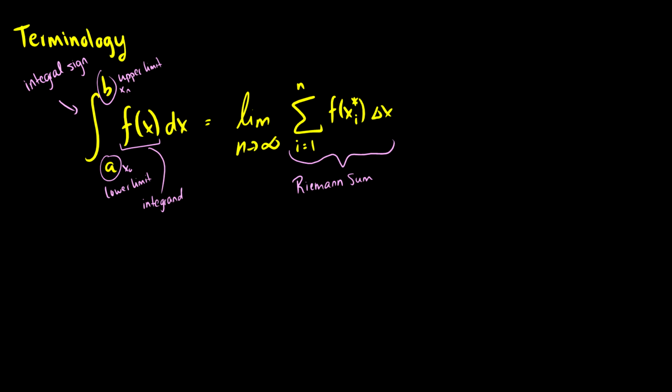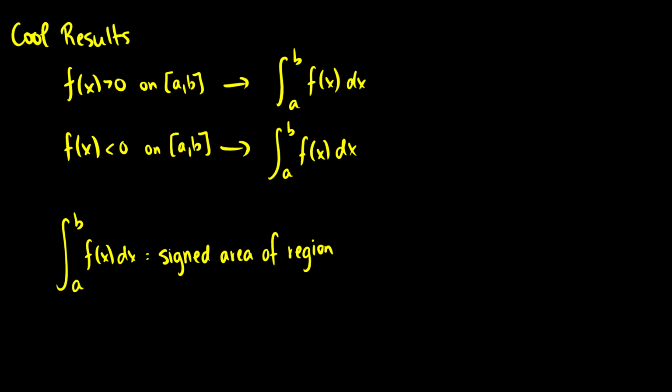But before we compute the limits, I just want to show you some general results of what we do here with integrals. So if our function is always greater than 0, then our integral, or the area, is always going to be greater than 0. So on a graph, if our function is always greater than 0, then clearly the area here is going to be greater than 0.